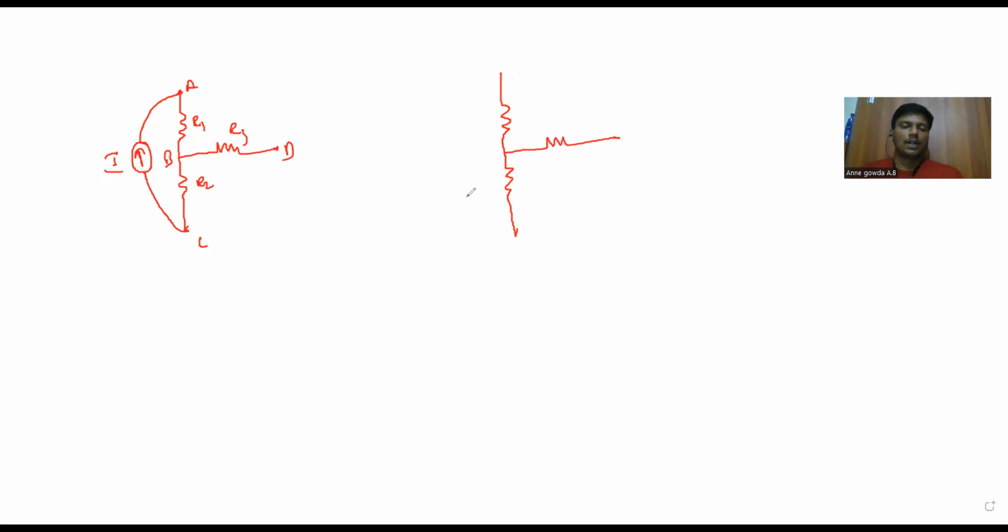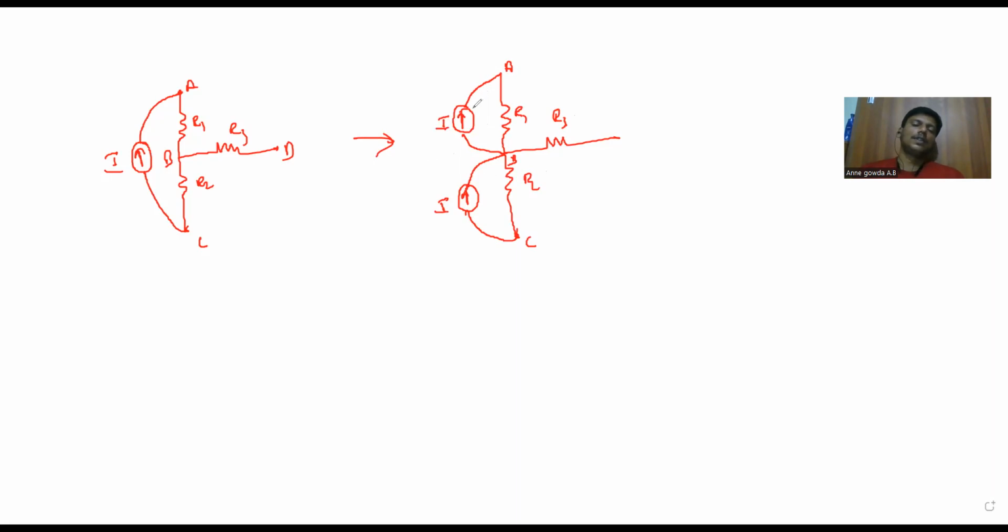So now I'll move this current source from node C to node B, and again from node B to node A. Now we can see that there is a current source and resistances R1 and R2, and they are directly in parallel.